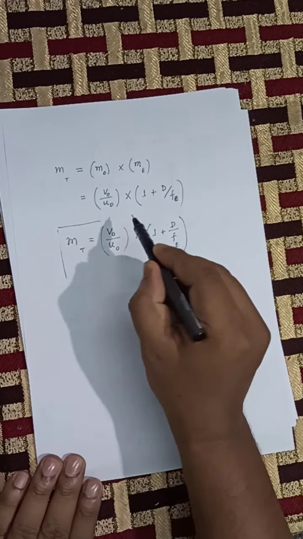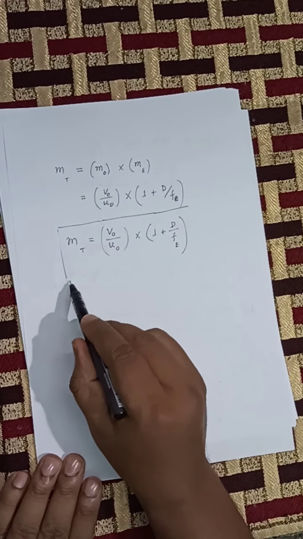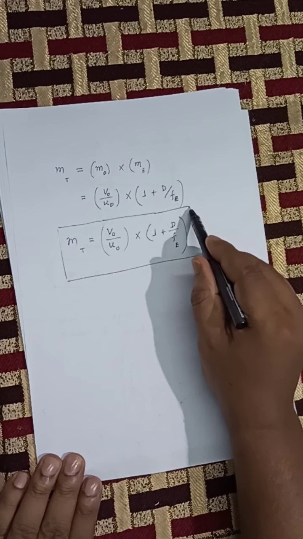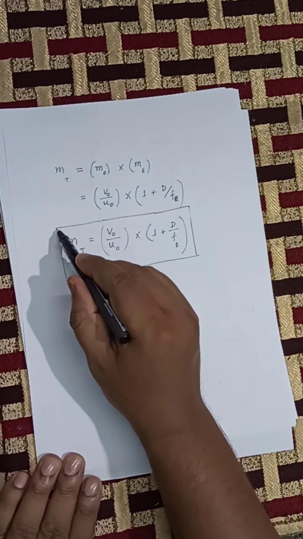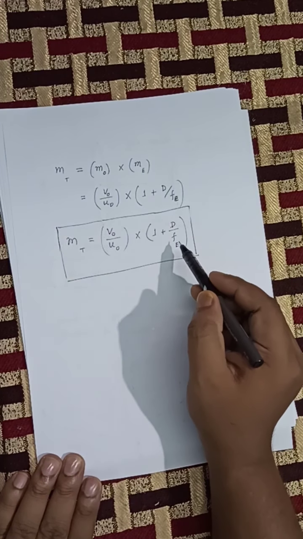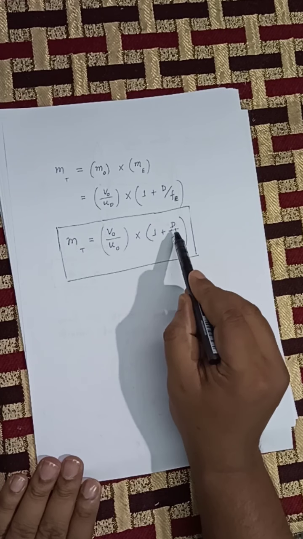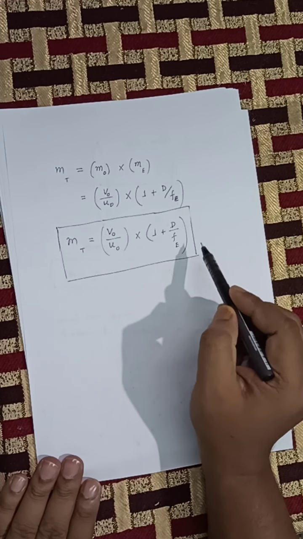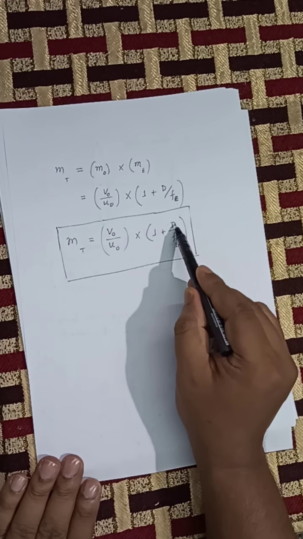Clear? So this will give the total magnification by the compound microscope when final image will form at minimum distance of distinct vision.